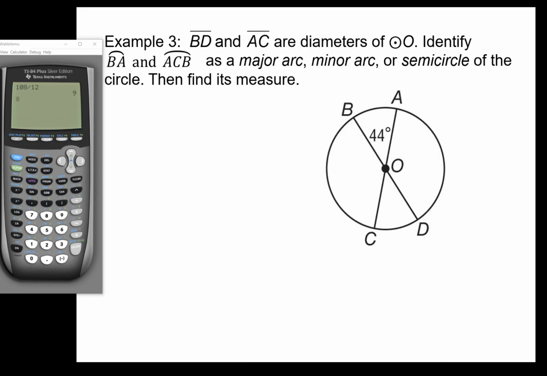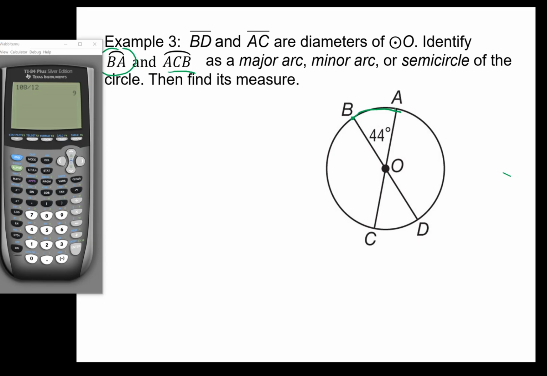All right, now you can see on this one are examples of how we write major and minor arcs. Whenever we have an arc written with the arc symbol and only 2 letters, you are always going to take the shortest path between those two along this edge of the circle. So arc BA starts at B, goes to A along the shortest possible path.